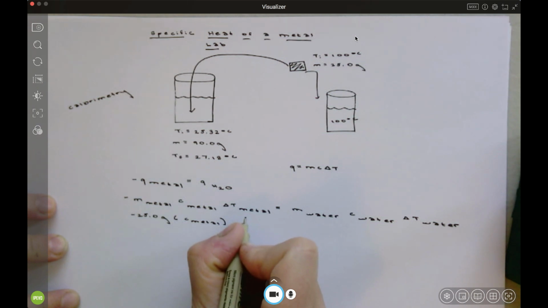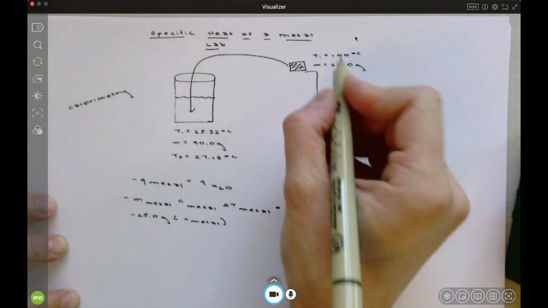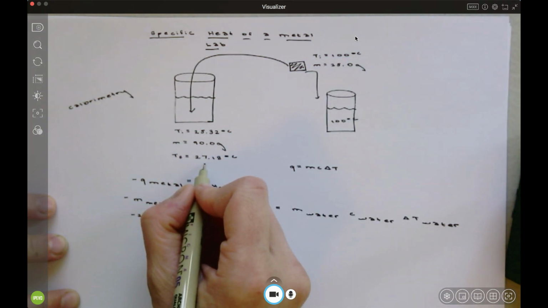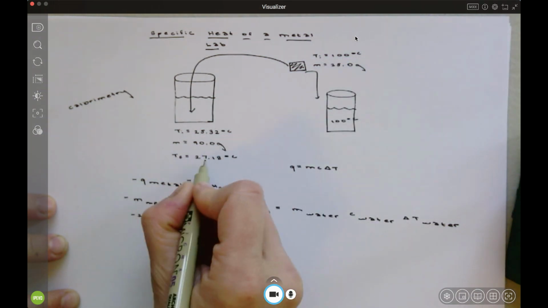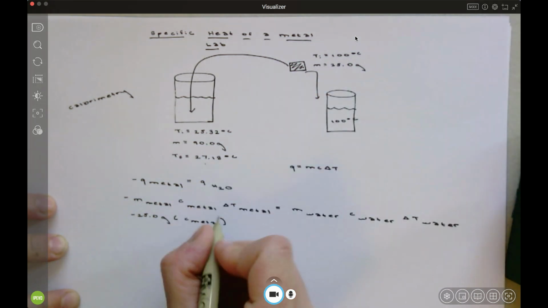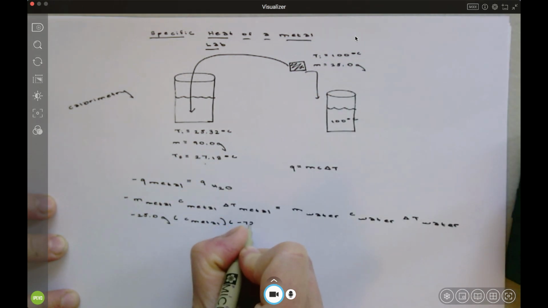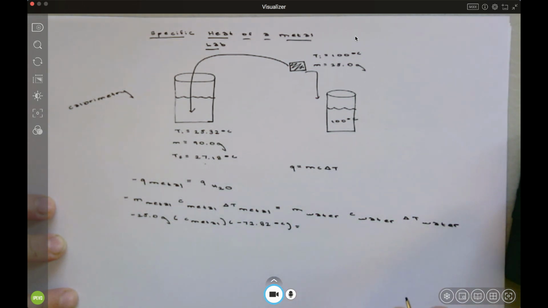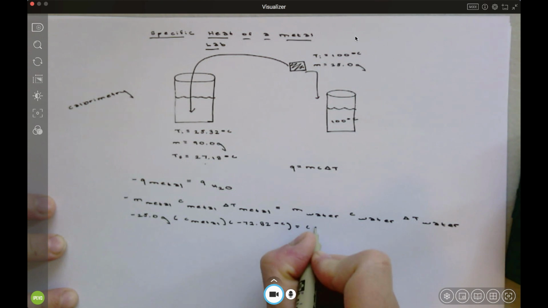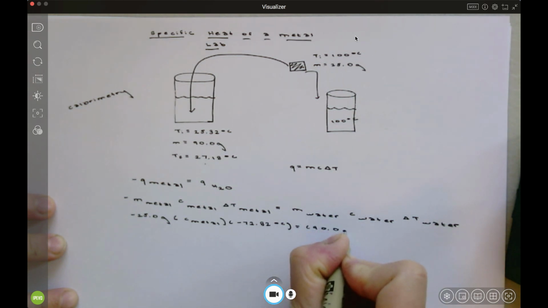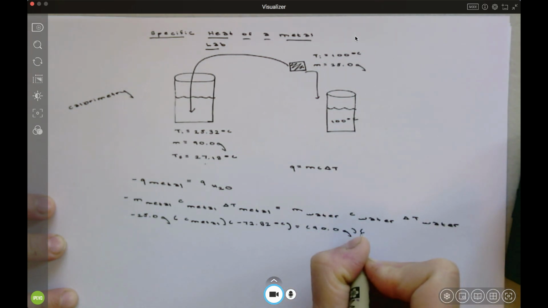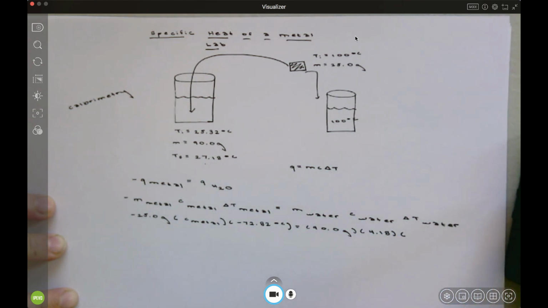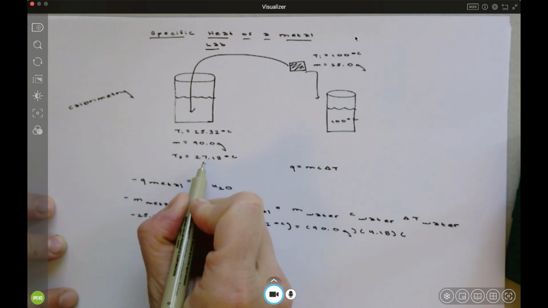My change in temperature is going to be, well, it started at 100 and it changed to 27.18. So TF, 27.18 minus 100 is going to be negative 72.82 degrees Celsius. Now let's figure out everything for my water here. The mass of my water is 90 grams. I know the specific heat of water is 4.18. And then the change in temperature for my water, well, it ended at 27.18.